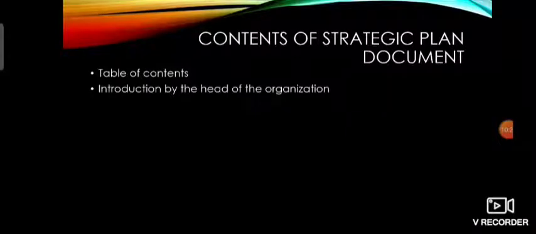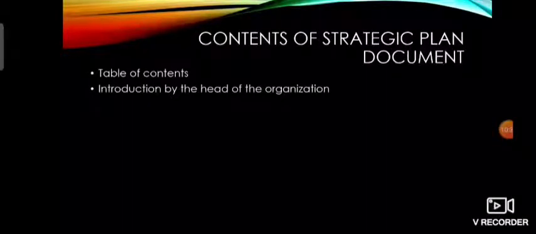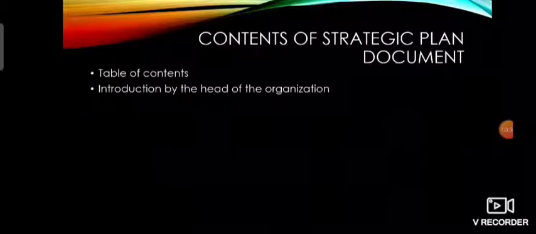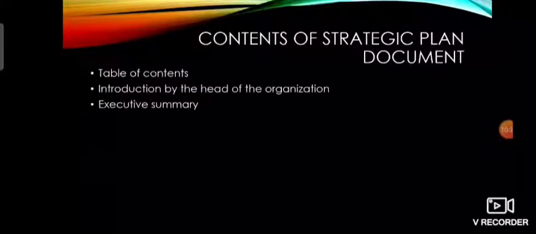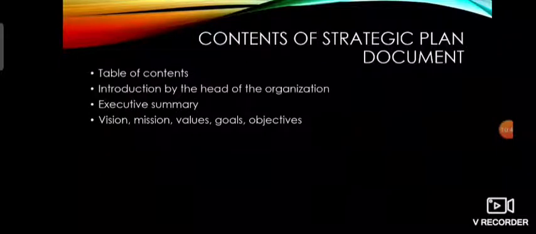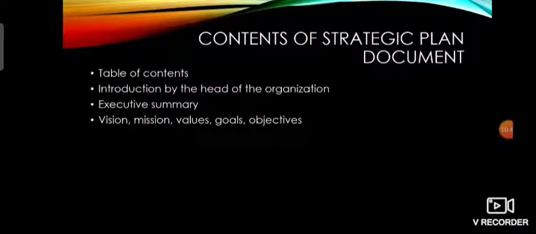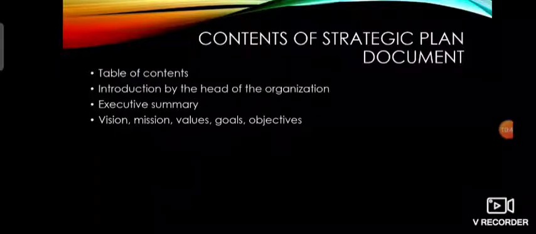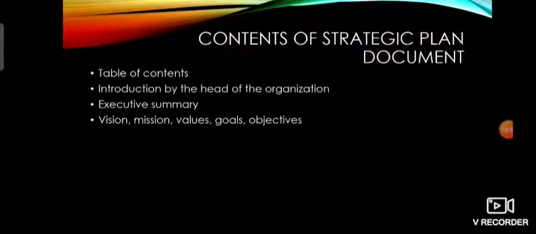Next, usually there's the introduction by the head of the organization. Let's say the president of the University of the Cordilleras. Next, we have an executive summary as well. Okay. Next, it includes our vision, mission, values, goals, and objectives, or the philosophy of the organization. Okay, what are their vision statements, mission statements, and such.